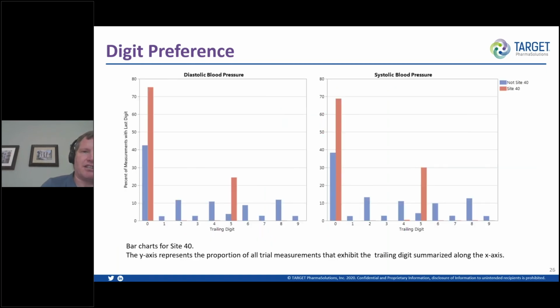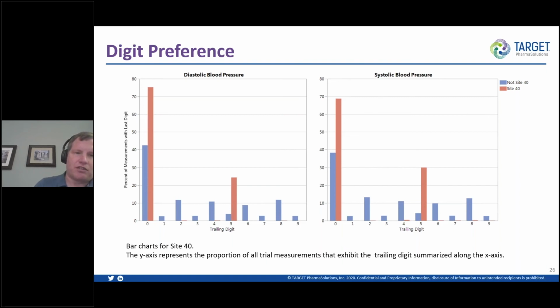And if we look at these 2 plots, we can see that these sites are reporting zeros in the digits quite a bit more frequently than the other sites. This may be due to the site perhaps strictly rounding down more often than should be, or they may be using a regular blood pressure cuff as opposed to an automated cuff.